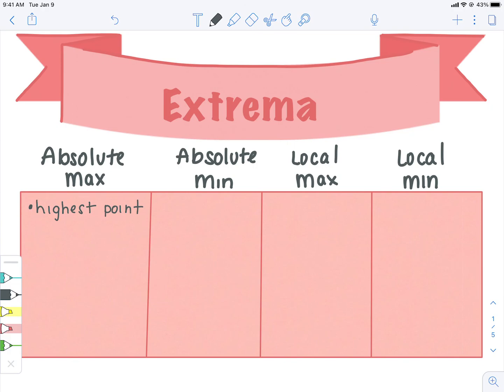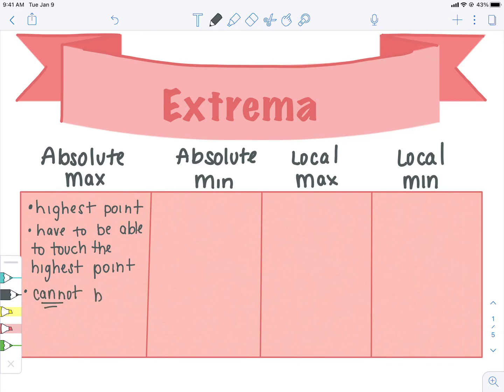If something is going up forever, it's not going to have an absolute max, because it can always get higher, higher, higher. It can only have an absolute max if you can physically touch the highest point on the graph. It cannot be infinity.